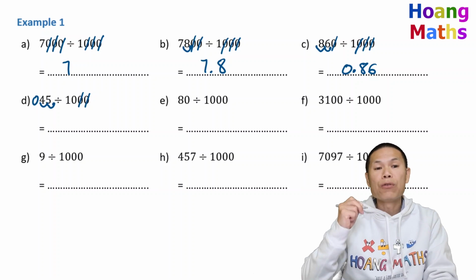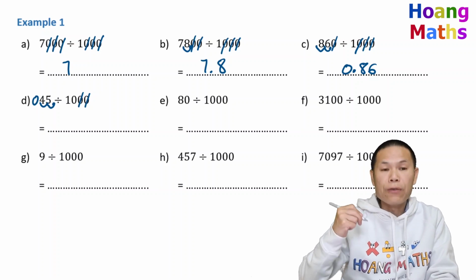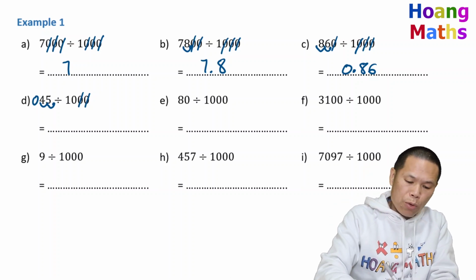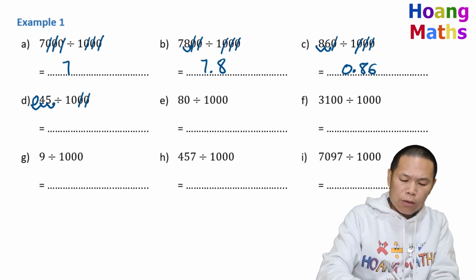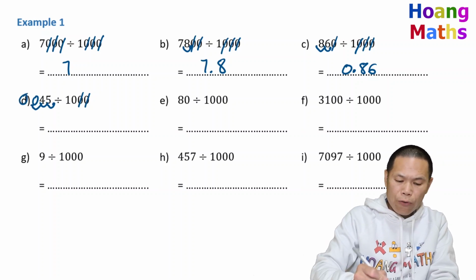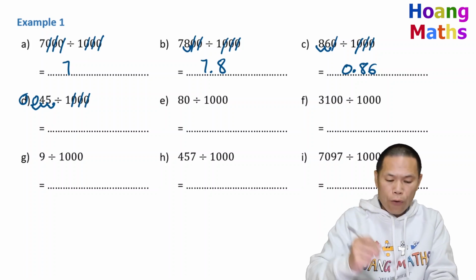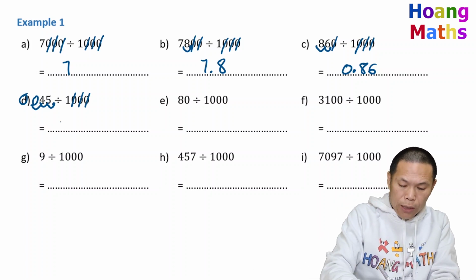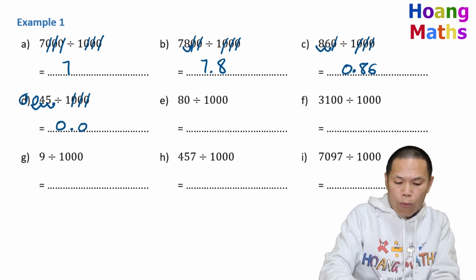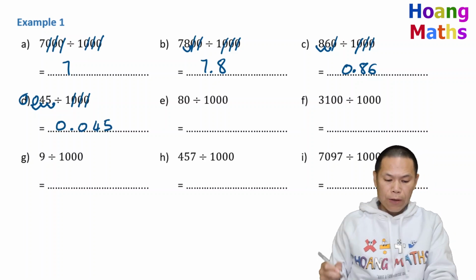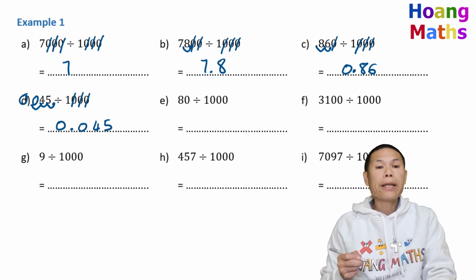That means 0.45 divided by 10. So we move 1 more time with this decimal to the left with a 0 in front. We cancel this. So 0.045. There you go.